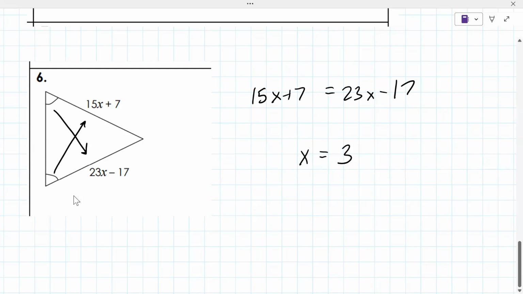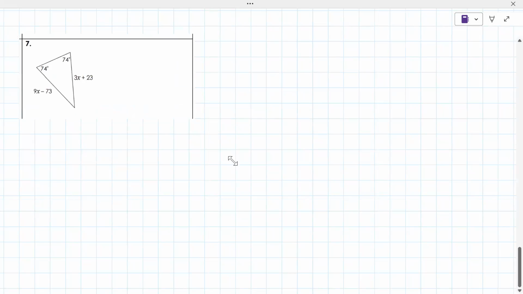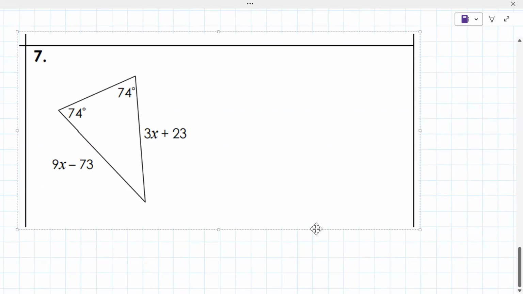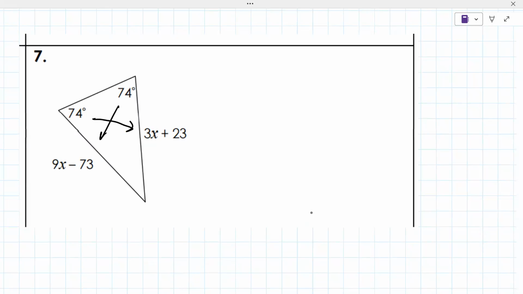So good. All right. Good job. Okay, this one's a lot like the previous one. The angles are the same, so the sides are the same. It doesn't matter which way you want to set it up, but you're setting the two sides equal to each other. And again, you will solve for X for us, please.